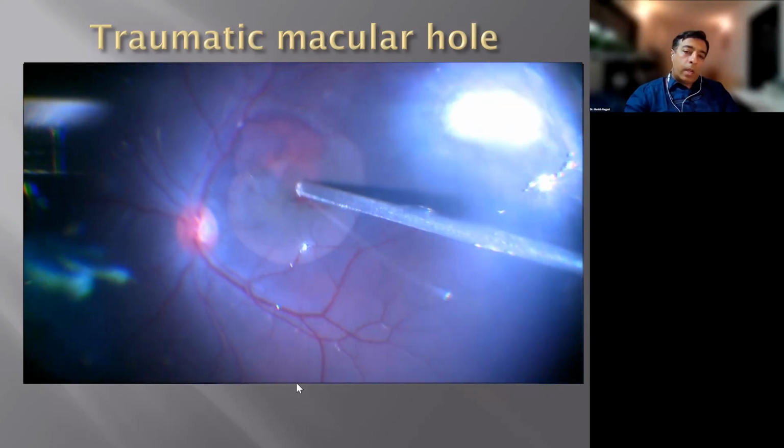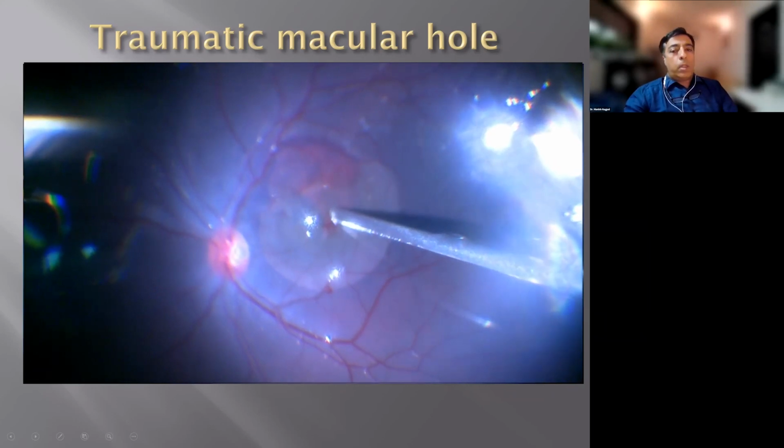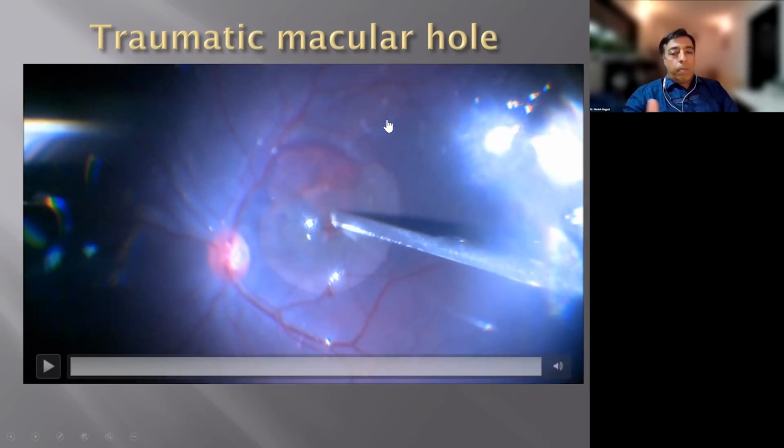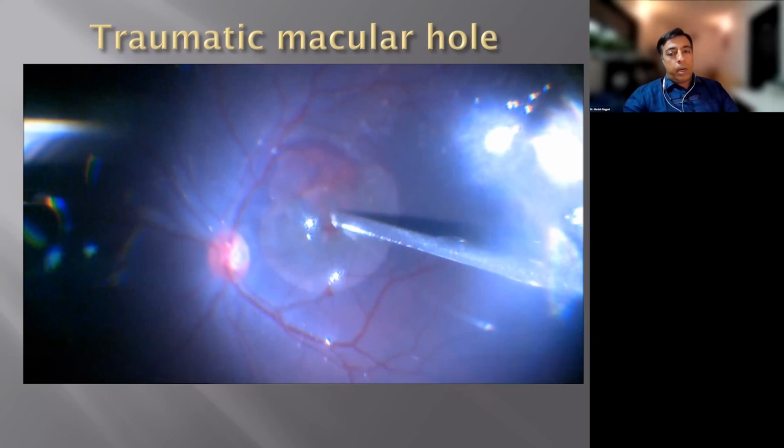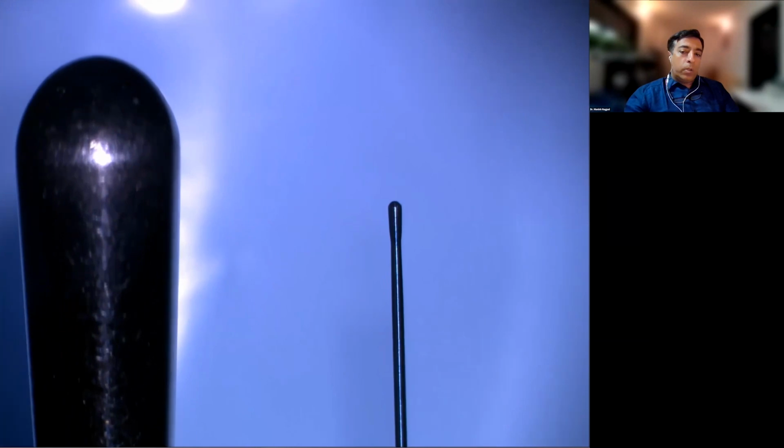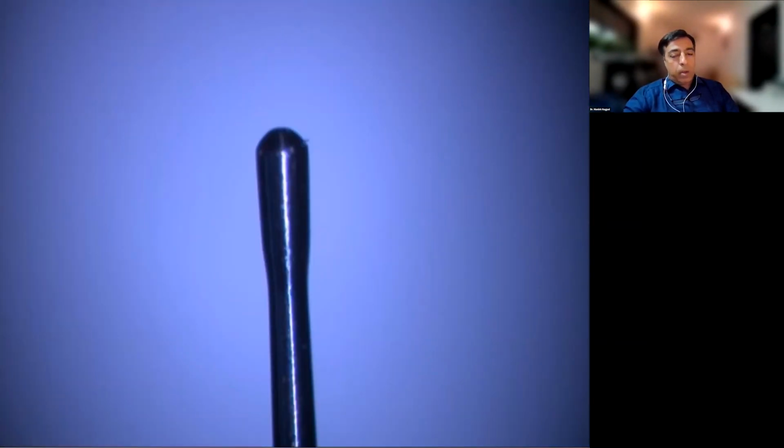You can see that this blood is from the trauma, the traumatic hole which was located in the upper part near the arcades, while the central part had a hole related to Berlin's edema, and then you can close it with the massager. So now we've devised a massager which is basically a 25 gauge version of an external indenter.